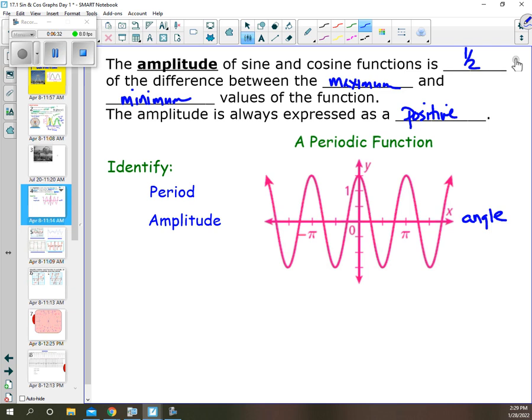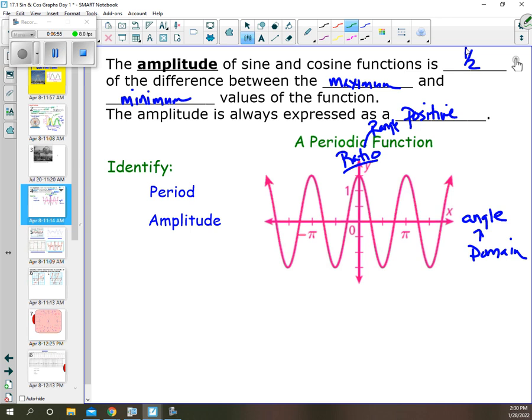Then our y-axis is going to be whatever SOHCAHTOA ratio that is. So our domain value is an angle measurement, what we're putting in for our x, and our range value is the ratio that we get for our answer. For sine and cosine, those SOHCAHTOA values would be the outputs.